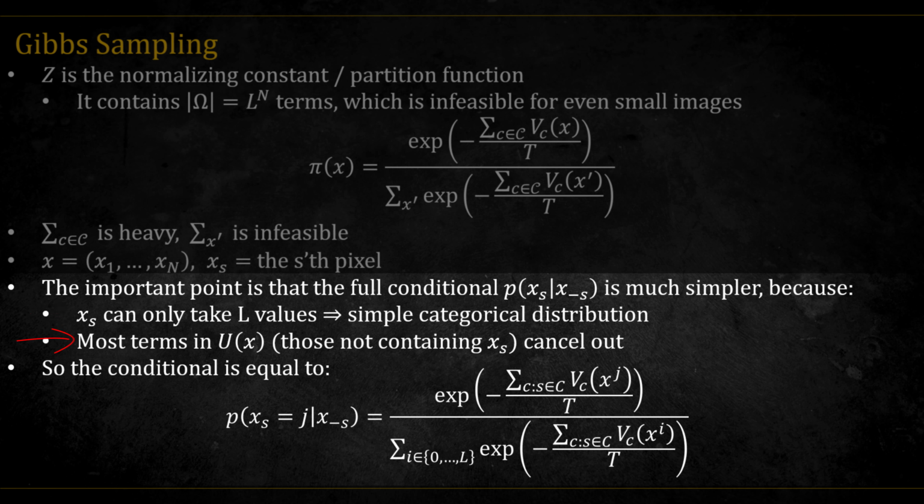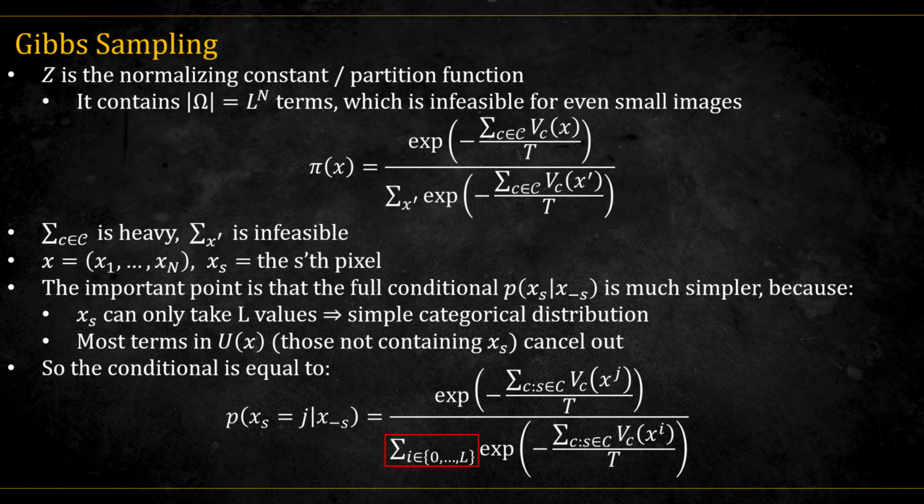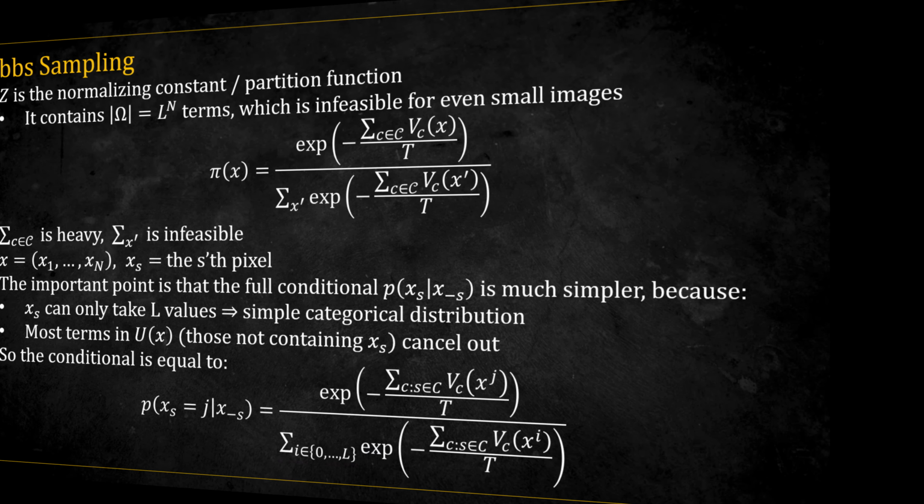The conditional becomes very simple, and we can denote it by this, where x superscript j is the state where all the pixels except the one in the S location are known and equal to whatever they are equal, and the S pixel is equal to the level j. The sum of the v's are only in the neighborhoods that contain x of s, and the sum in the denominator is only on L values. So this is a much more manageable computation.